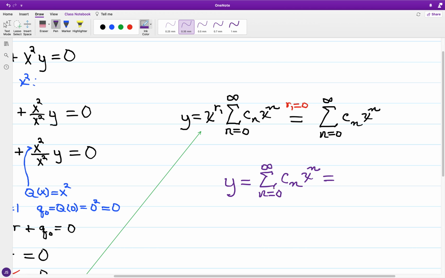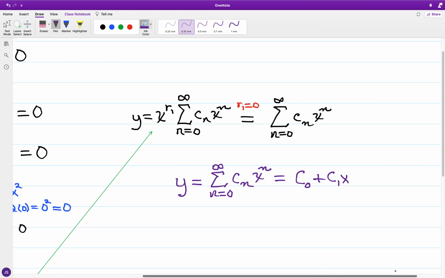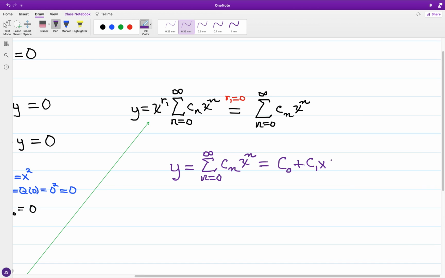Among your first terms, if n is 0, we have c naught, and x to the 0 is going to be 1. Then we have plus c1x, plus c2x squared, and plus c3x cubed.